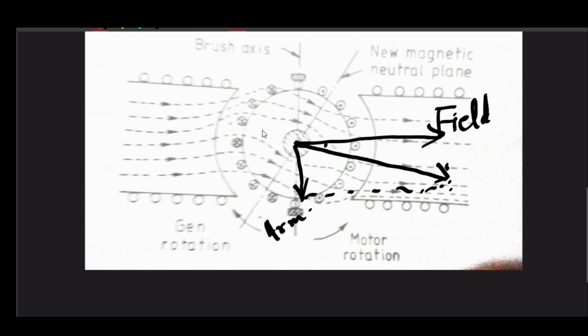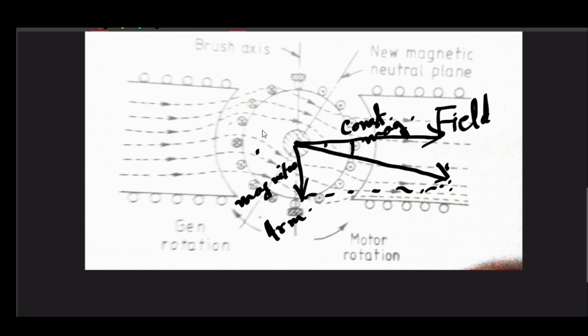However, when there is armature current, see this vector is of constant magnitude, but this one is of variable magnitude. So we will have this resultant vector. The orientation and magnitude of the resultant vector will also vary depending on the magnitude of your armature vector, right?